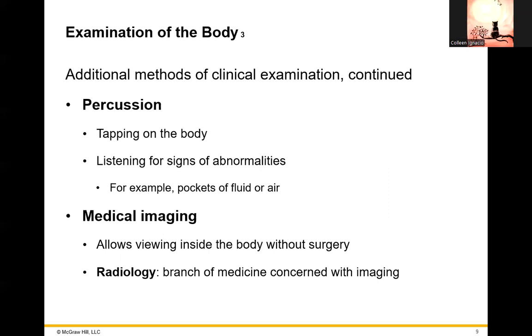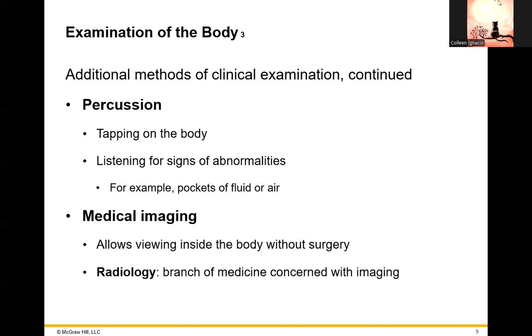Another way to examine the body is percussion. You may be thinking, percussion, is this a drum, right? Well, yes, in a sense, because some areas of the body are kind of like drums. They have that resonance sound, and that's normal for that particular area of the body. So when we percuss, we are tapping the body and looking for signs of abnormalities.